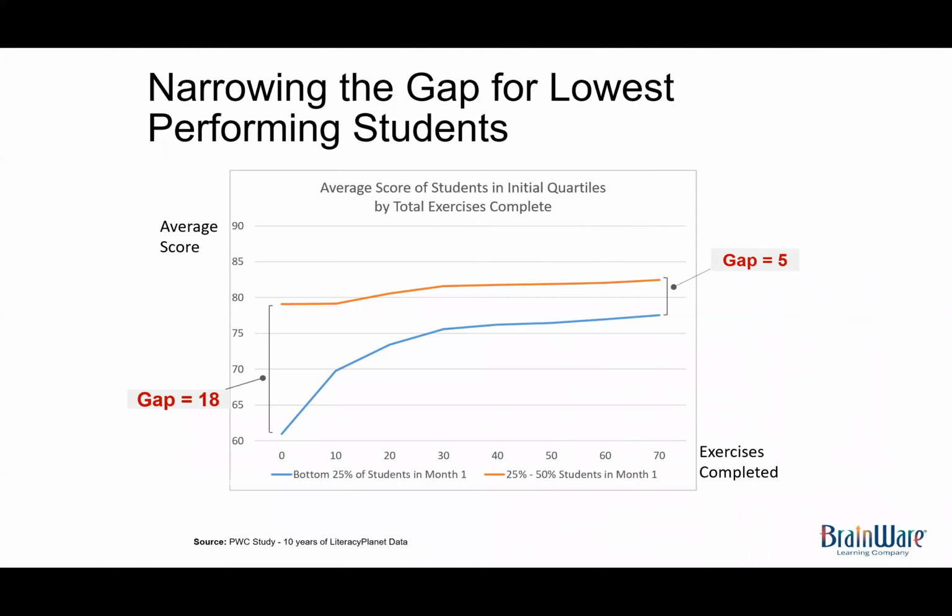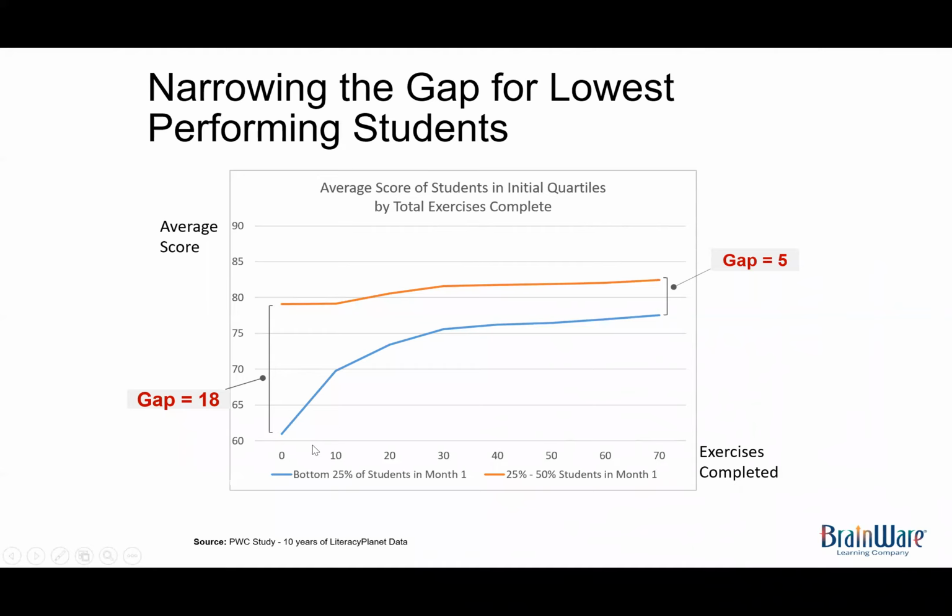And so, as you can see at the beginning, for the bottom 25% of students, there was a pretty big gap between their average score and where the top 25% were performing.